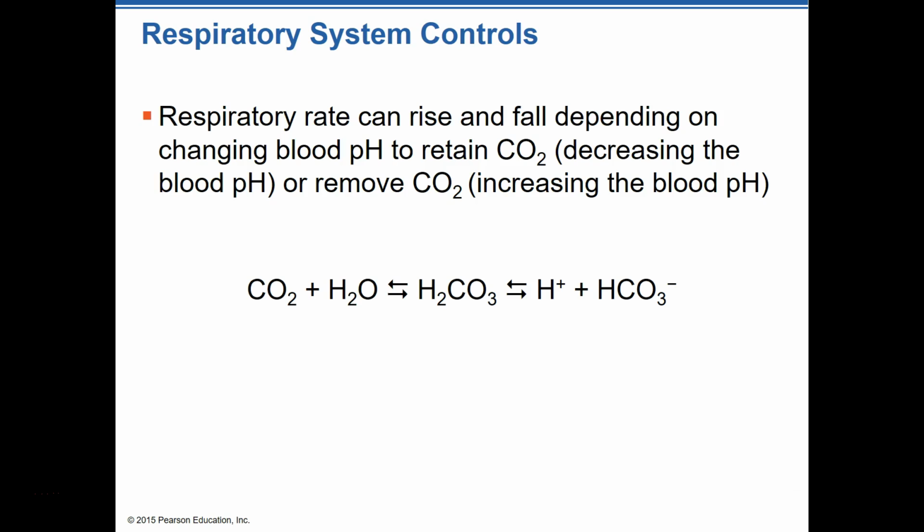The respiratory system can work with this as well by getting rid of CO2, because CO2 plus H2O can combine to H2CO3, which can release a hydrogen and then HCO3, or all that can reverse and we can blow off CO2 and we'll have water. So it's a way that our body can manage this.